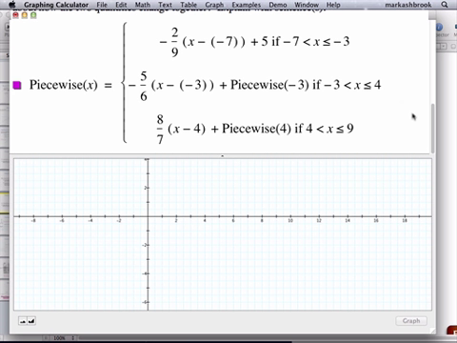So do you see what's going on here? Does it make sense? This is our point-slope form that we learned. And then we're taking a piece from each of these 3 different constant rate of change functions and specifying it over those particular intervals.